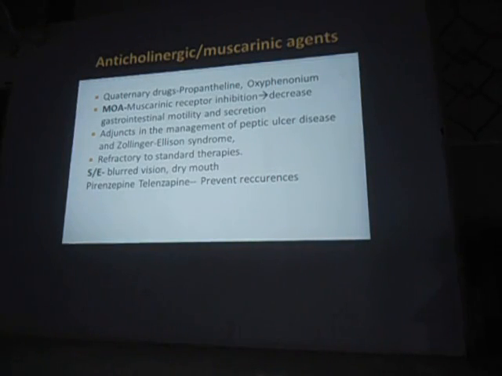Pirenzepine acts more on the M1 receptors. They are used in refractory cases. We already know how this action takes place. Once the receptors are blocked, there is a decrease in the production of histamine, because of the blocking of the ECL cells, and also a decrease in the gastrin action.